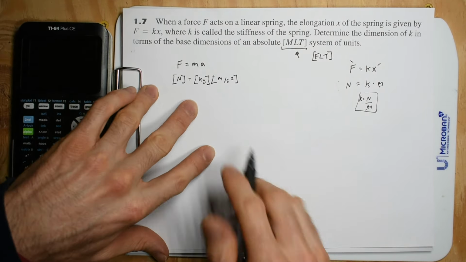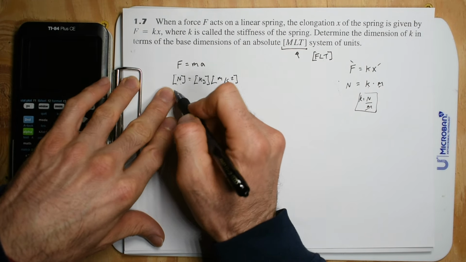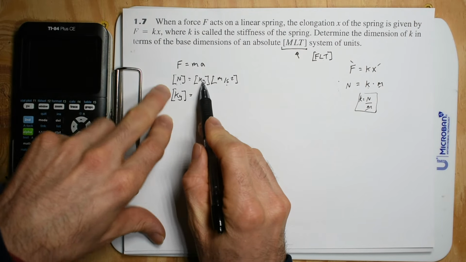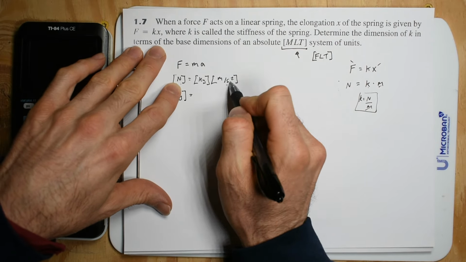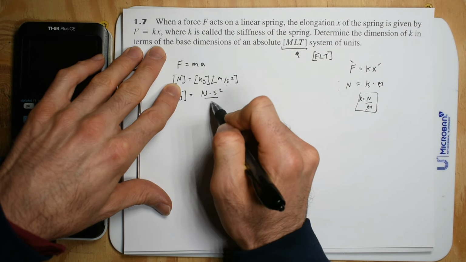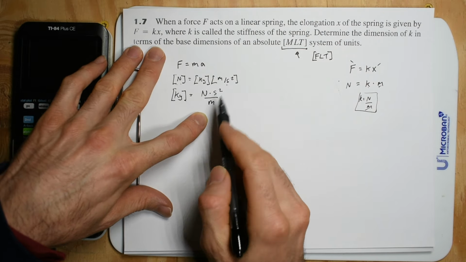This is what a newton is, and then I would solve for kilogram, just so you have both of these. A kilogram is a newton divided by meters per second squared, which is going to be newtons times second squared divided by meters.